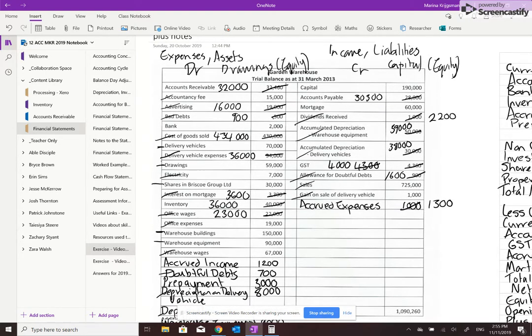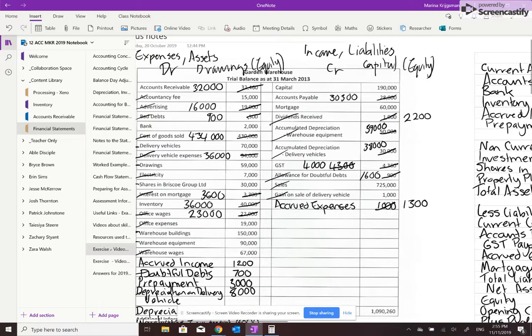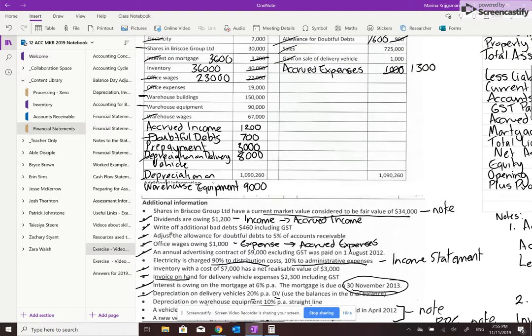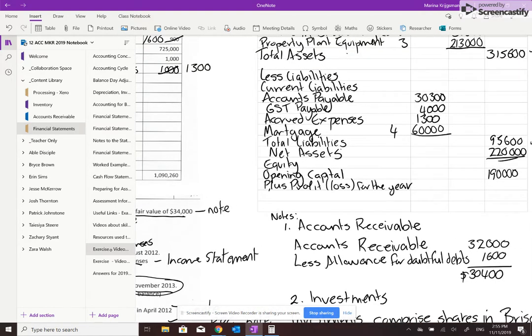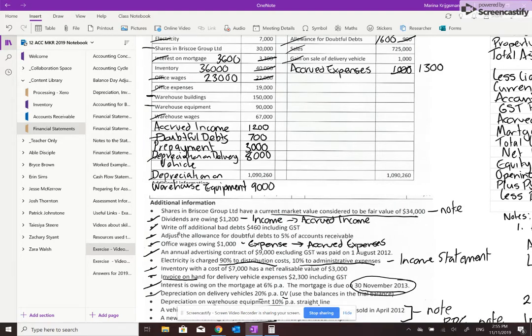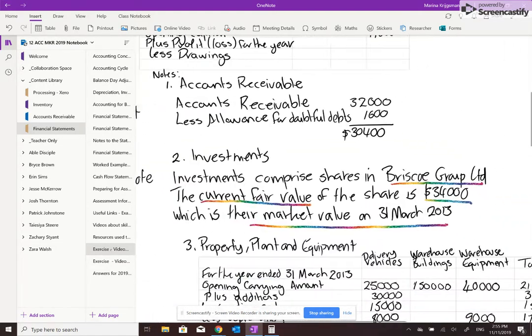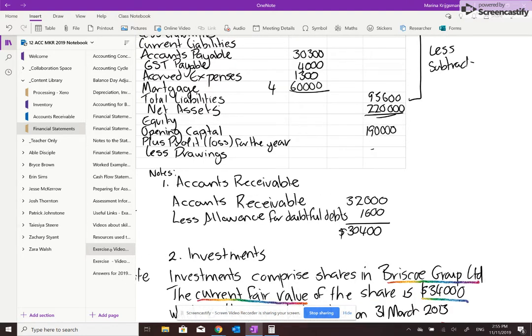We'd have to add up all our income and take away all our expenses, which I might do in just a moment, but let's just pop in the things that we need. We take away our drawings of 59,000, and then our closing capital should be the same.